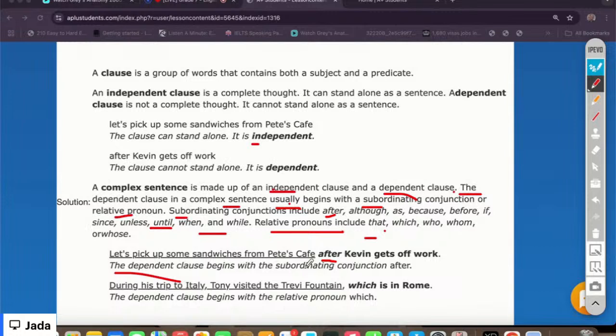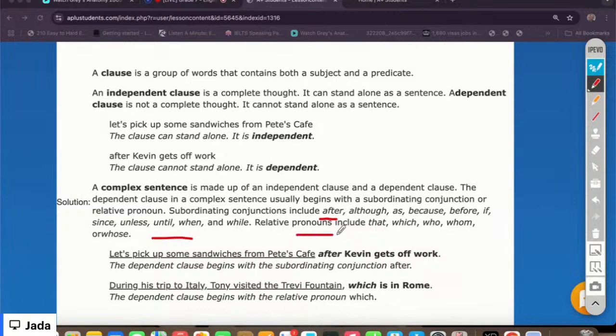So whenever you want to note a dependent clause, it begins with a subordinating conjunction. So when you have the subordinating conjunction starting the clause, then you know that that is a dependent clause. So you just take note of that from here.